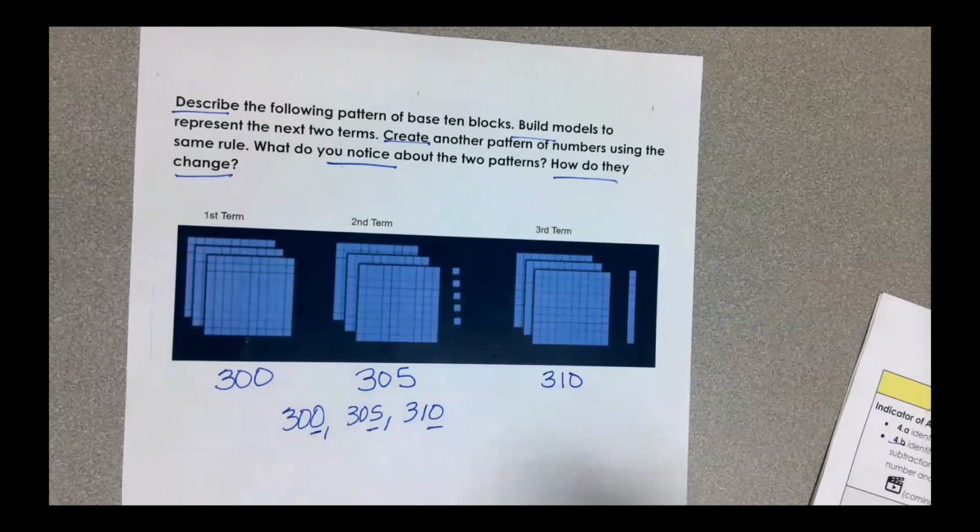The problem asks me to build the next 2 terms using base 10 blocks. The rule for this pattern is to add 5 to the next term. So I will build a model to represent 5 more than 310 for the 4th term.